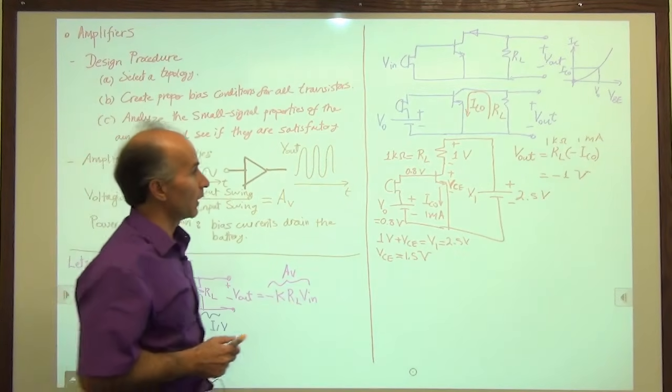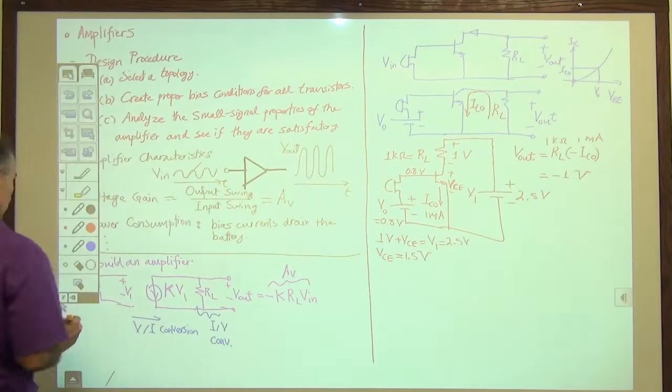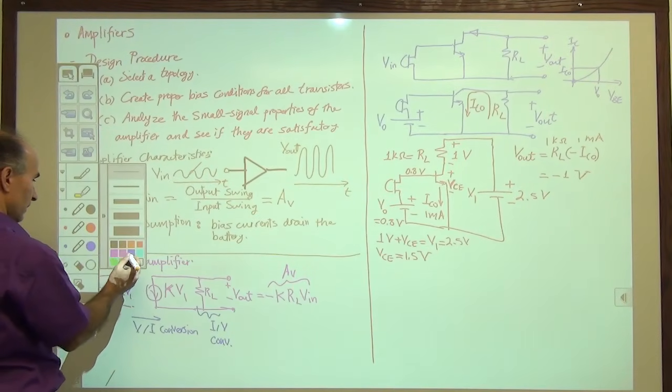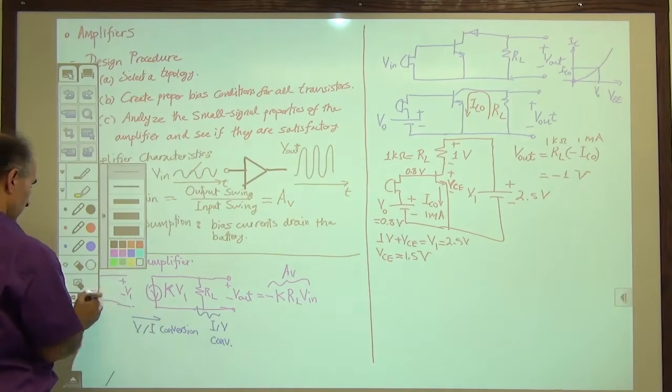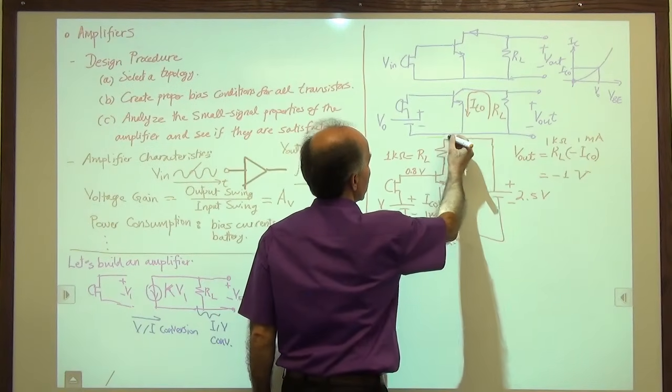Okay, what we have arrived at so far, this little topology here, is called the common emitter topology. So let me pick a color. I will draw this in a box.